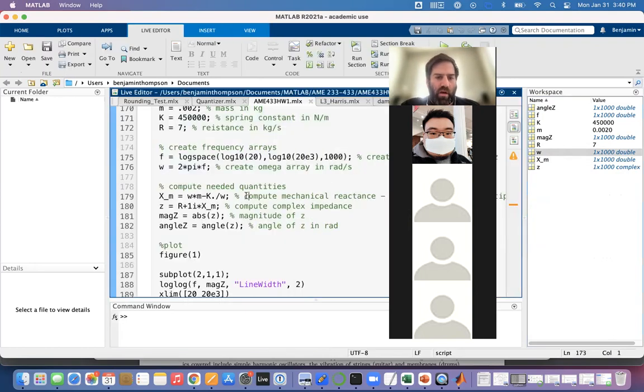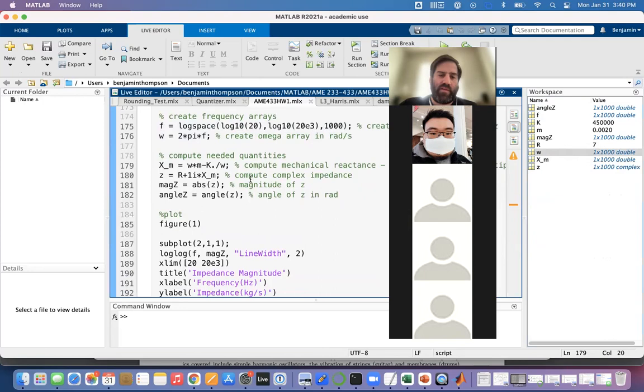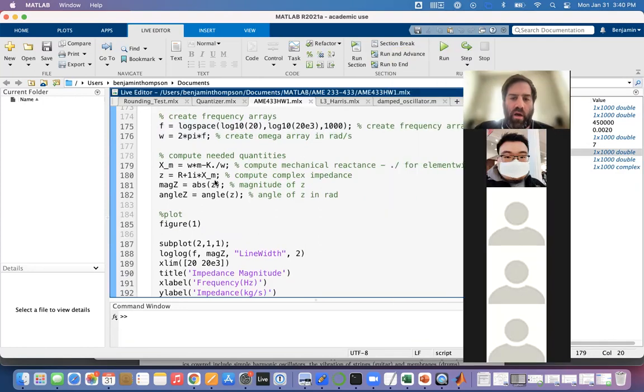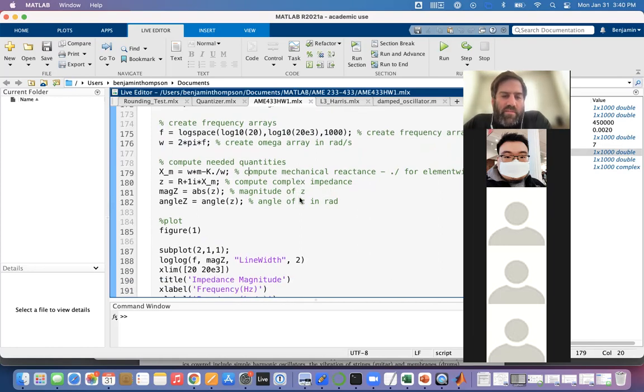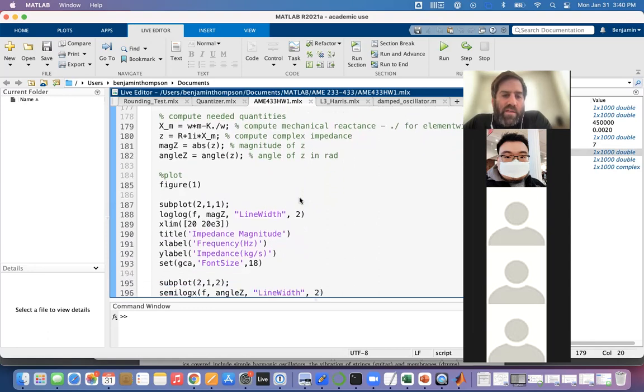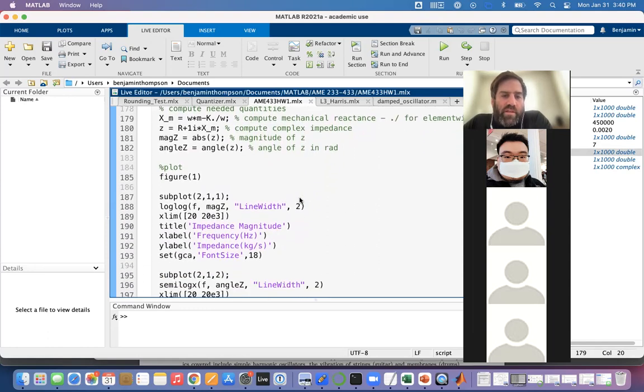Okay, let's compute my needed quantities. So I want to know the mechanical reactance, because that's going to help me get my impedance. I'm not going to hover too long on this because I might be giving away a lot, but those are the things I want to know.